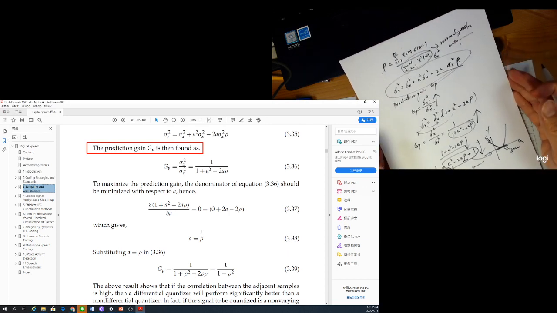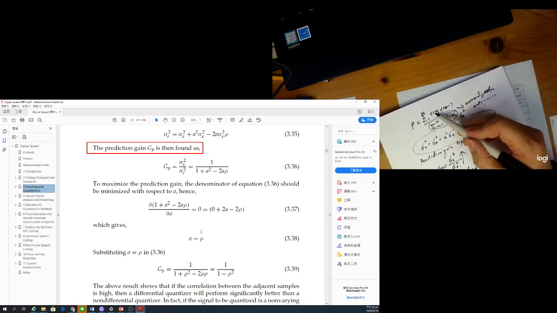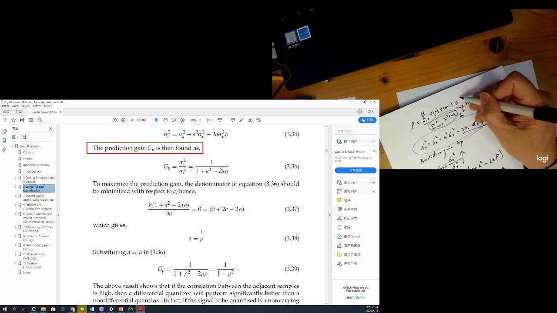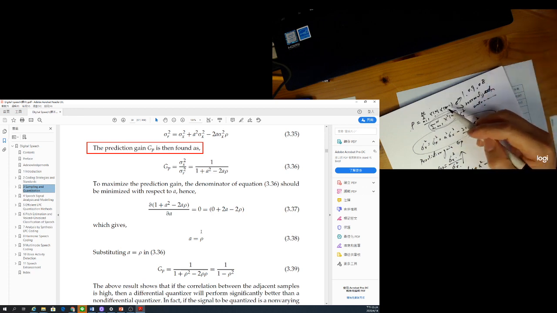For the normalized autocorrelation, if your neighboring signals are the same, this could be close to 1, or close to 0.9 or 0.8, because your neighboring signals are very close, very similar.